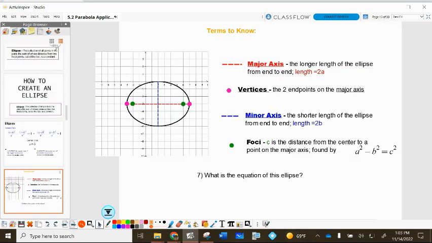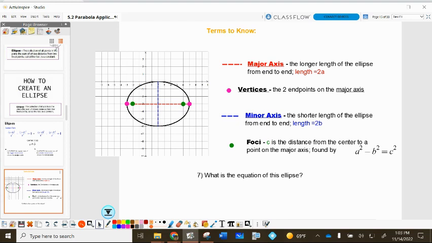All right, so let's take a look at a picture of one and a few additional terms. We can see this ellipse is longer in the horizontal direction, so the major axis is going in the x direction. The length of the major axis is always 2a. Remember, my denominator is a squared, so I'll square root it and then double it to be the length of the major axis.